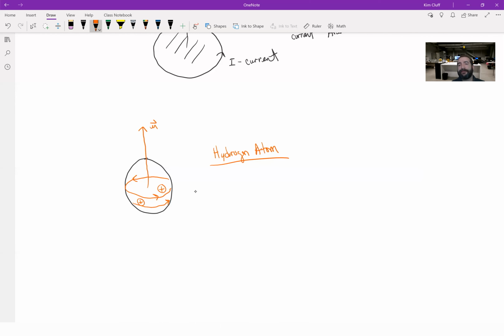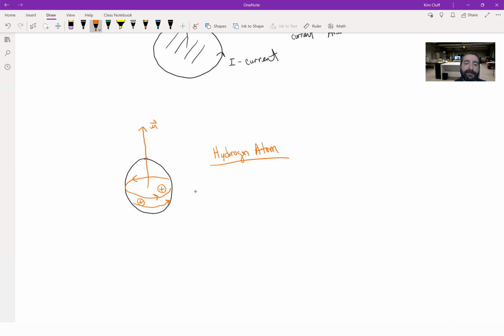In fact, anytime you have any kind of charge going around in a closed loop, this is going to happen. This happens even with the Earth. The Earth rotates, the Earth spins, and subsequently it produces a magnetic field that surrounds our Earth. It actually acts as a shield for radiation from the sun.